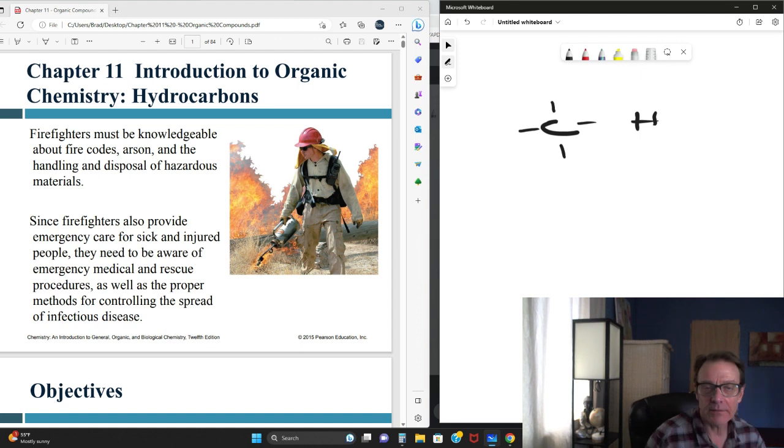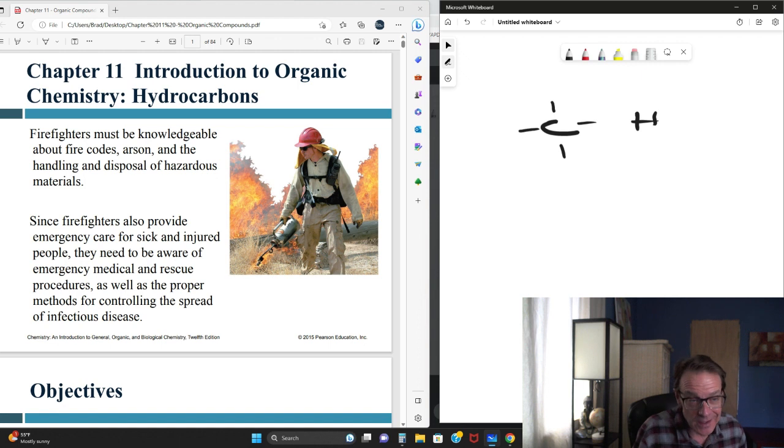Okay, and then to go in the opposite direction, of course, you start taking away possibilities as you move down in groups. And then also abundance. There's a fair amount of carbon. There are other things that can form 4 bonds, like silicon, right below it, just one period down in the same group.